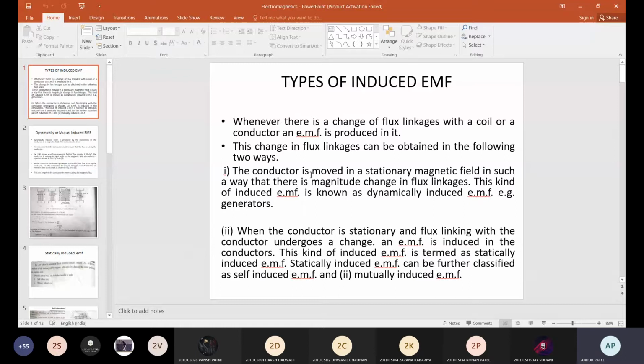In dynamically induced EMF, we are just moving the conductor and keeping the magnetic field stationary. Whatever the change in flux linkages or rate of change of flux, the EMF induced accordingly is called dynamically induced EMF.